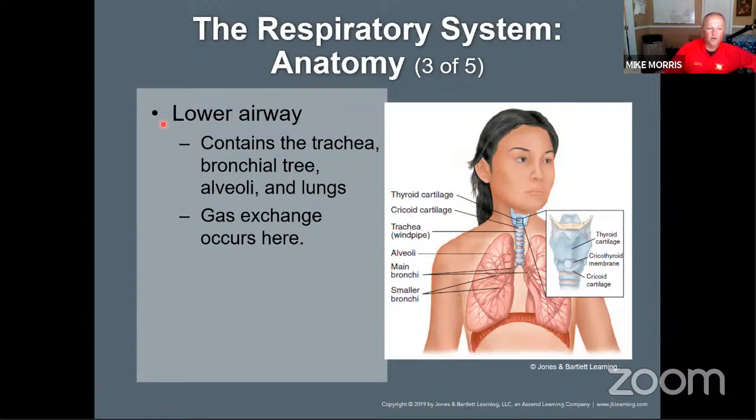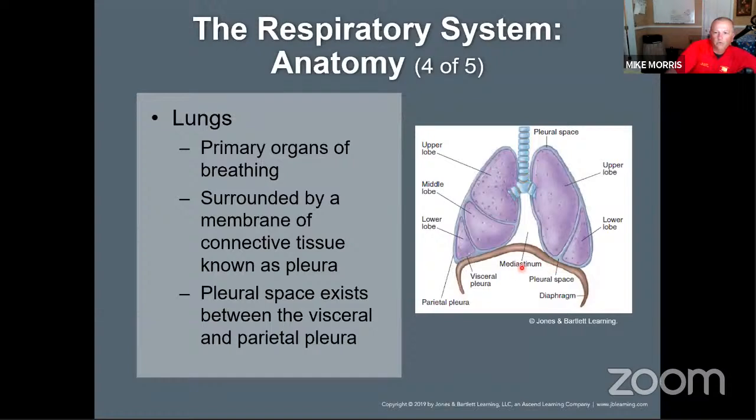Sorry, guys. All right. Lower airway consists of anything below the larynx, right? So we have the trachea, the bronchioles. They say bronchial tree just to include all of it. Alveoli. We know gas exchange occurs there. Nothing new. So yeah, lungs, the primary organs for breathing.